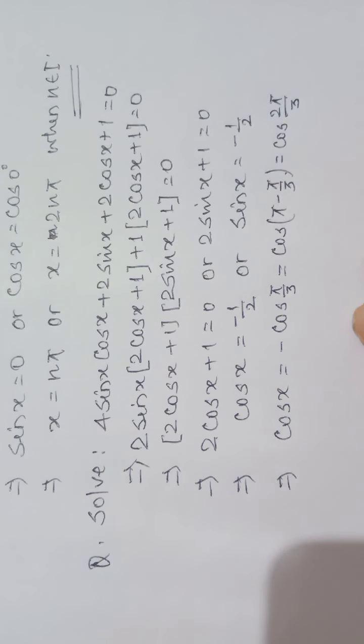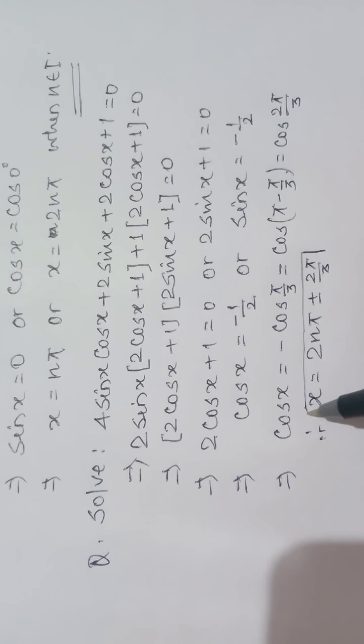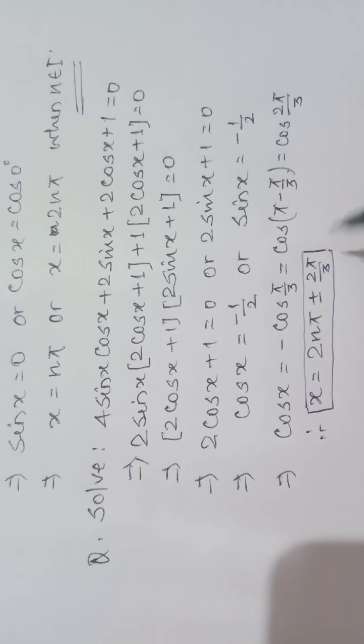If you know the value of minus 1 by 2 is cos 2 pi by 3, you may write directly. Hence, from here the general solution will be x is equal to 2n pi plus minus 2 pi by 3. This is the solution when cos x is equal to minus 1 by 2.